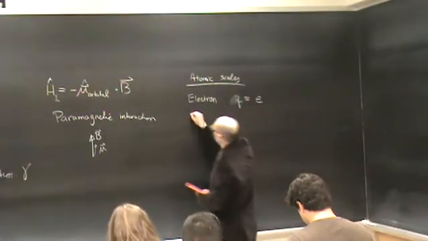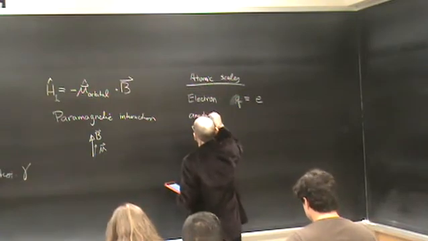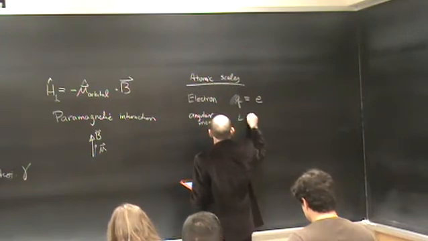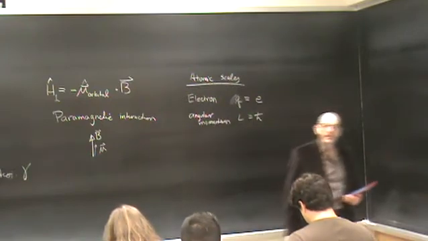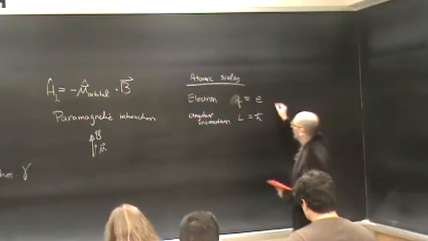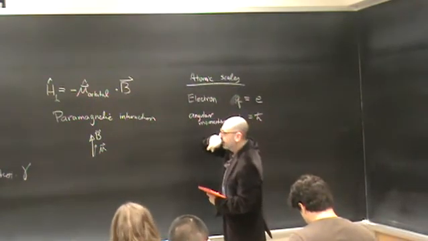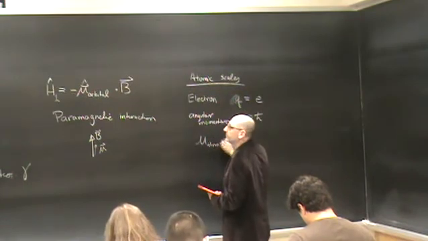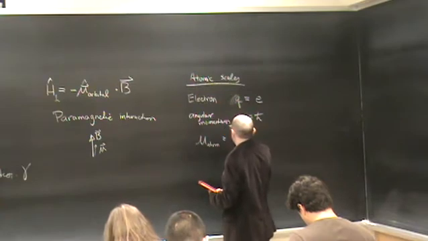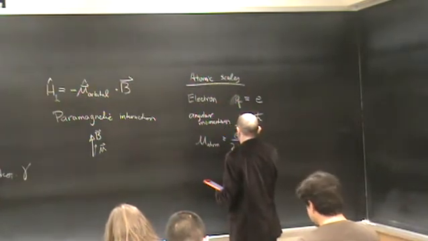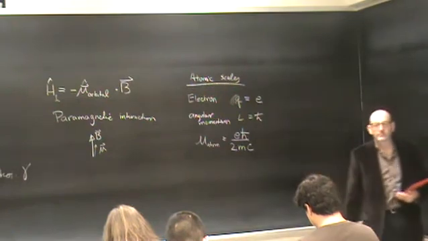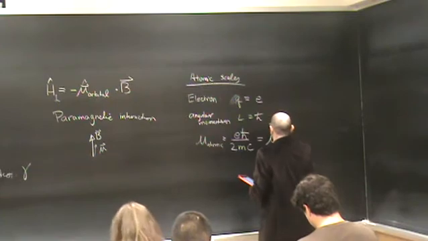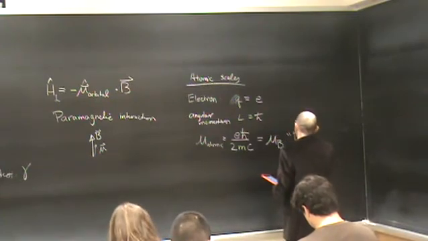And what would you say the characteristic angular momentum is? Okay. So there's a characteristic magnetic dipole moment, mu atomic, which is e h bar over 2 m c. This is known as mu sub B, the Bohr magneton.